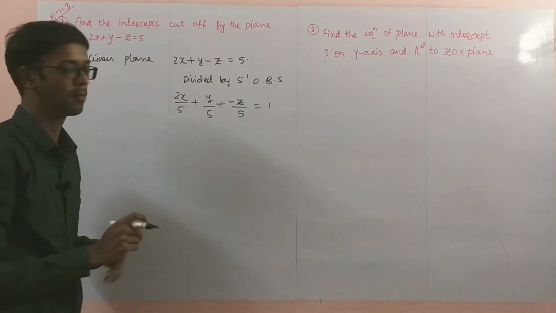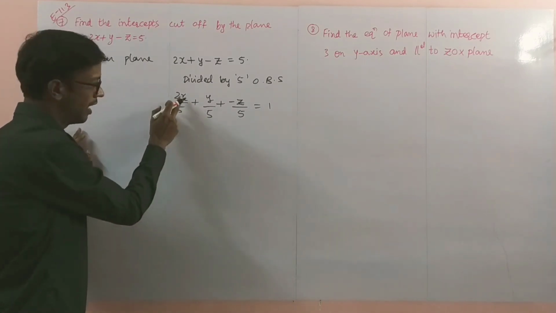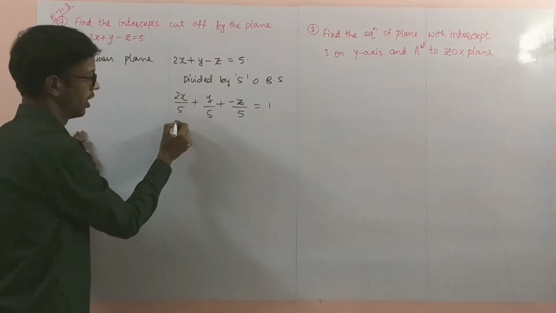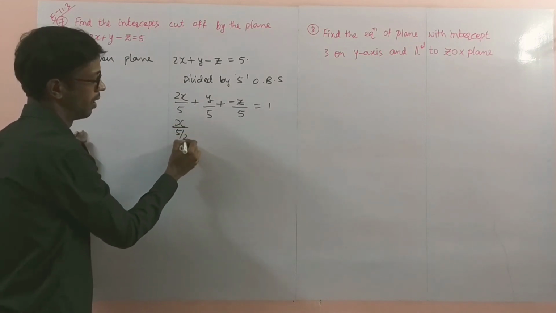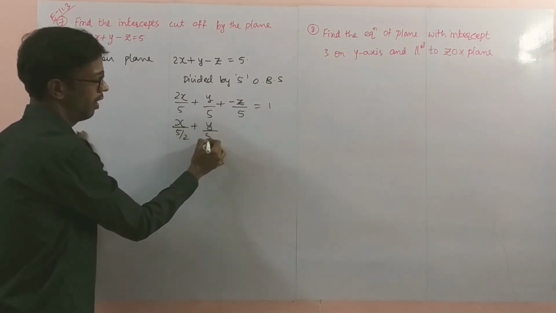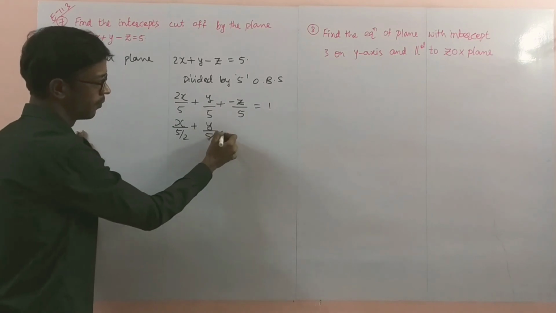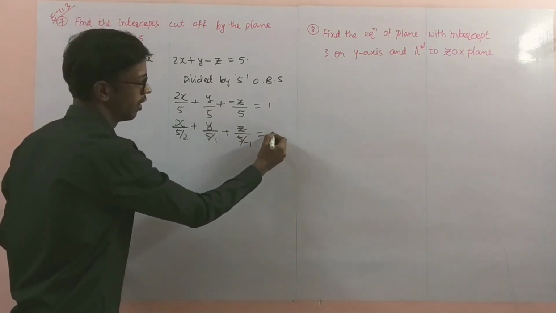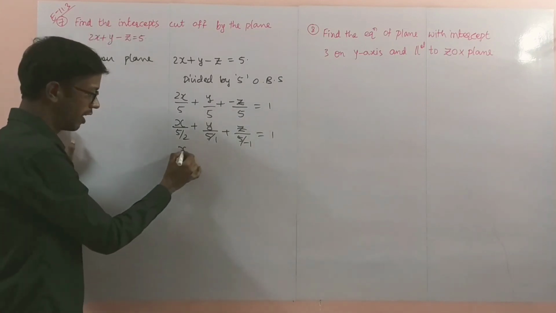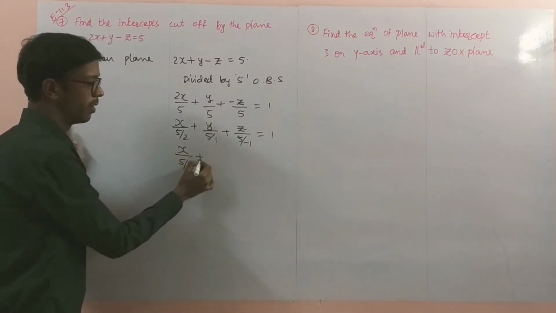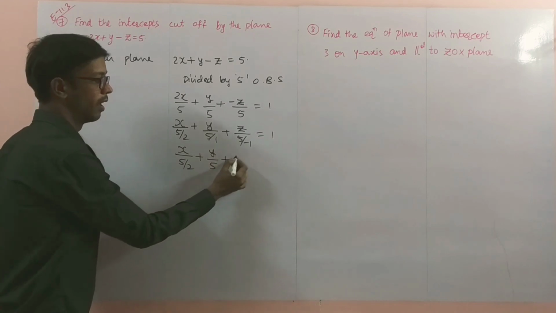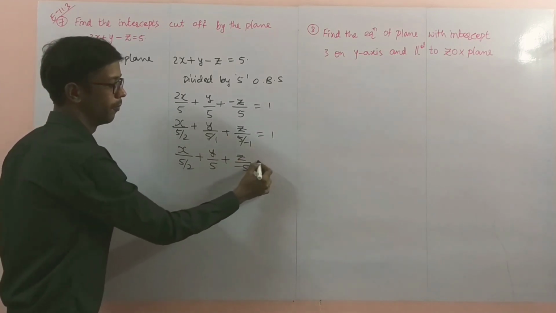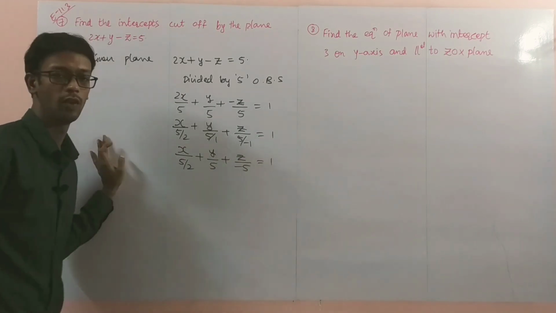Why? Because of the standard form conversion. What we have to do is make the x coefficient go downside. X by 5 by 2 plus y by 5 by 1 plus z by 5 by minus 1 equal to 1. So this we can write as x by 5 by 2, y by 5, plus z by minus 5 equal to 1.